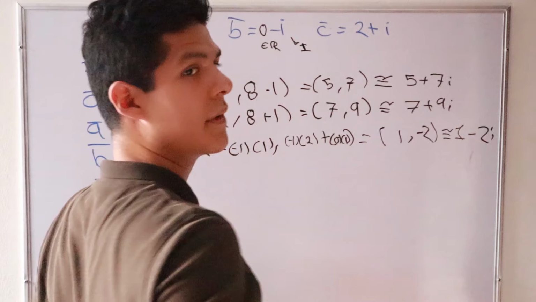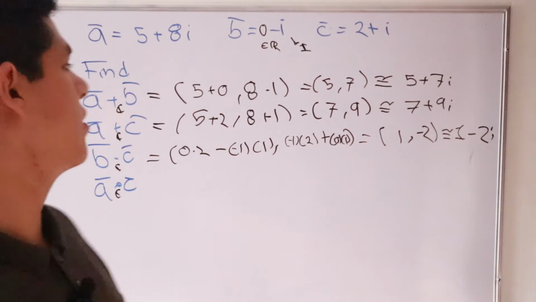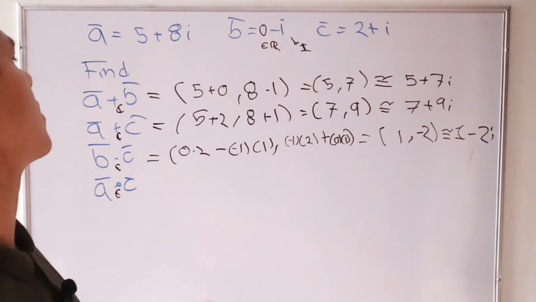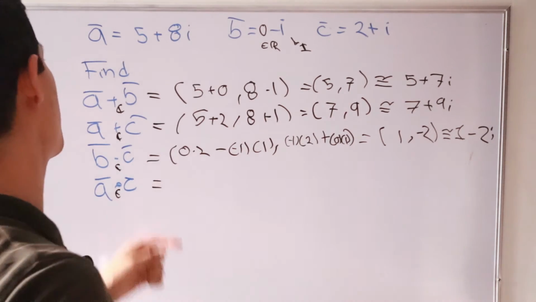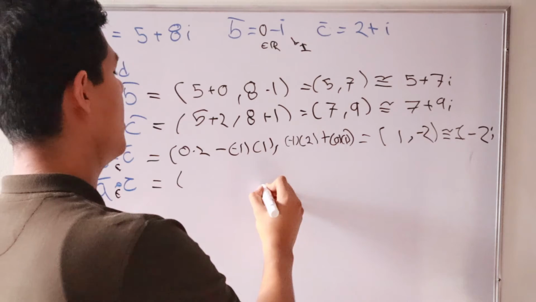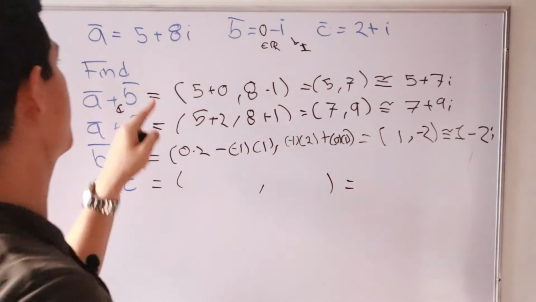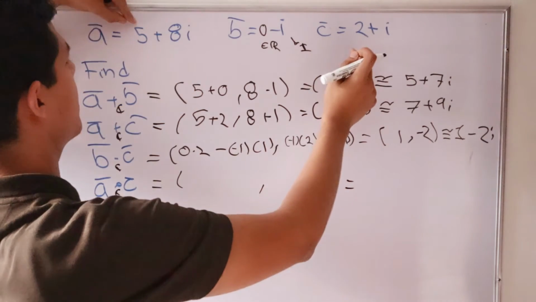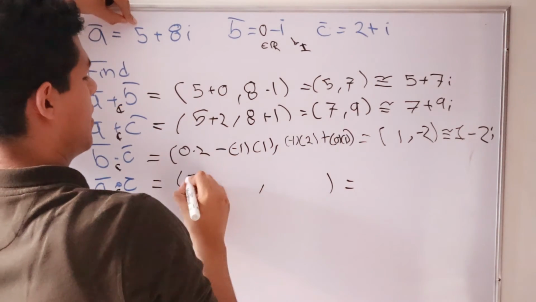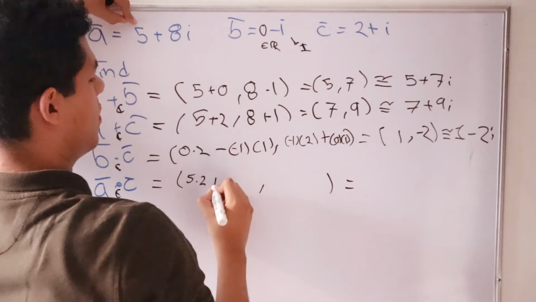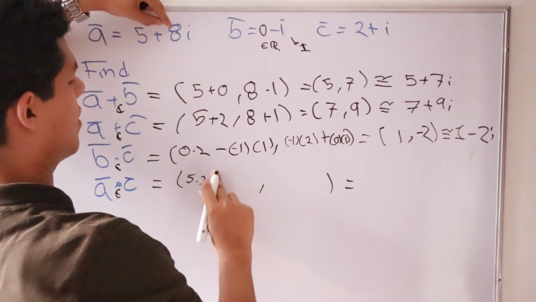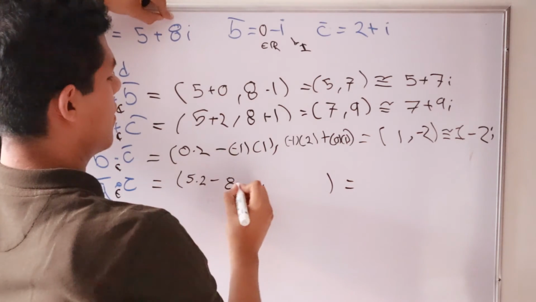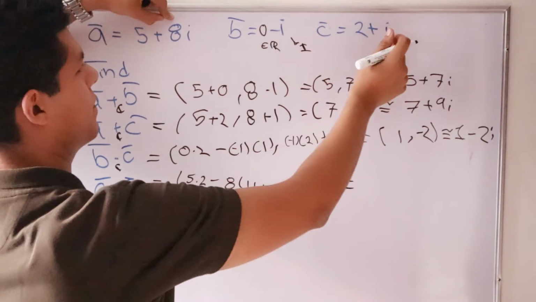So we have that this number is equivalent to 1 plus minus 2i. So, guys, we need to finally find this multiplication, the product. It is larger. For a times c, it is the first one by the first one, so 5 times 2 plus minus 8 times 1.